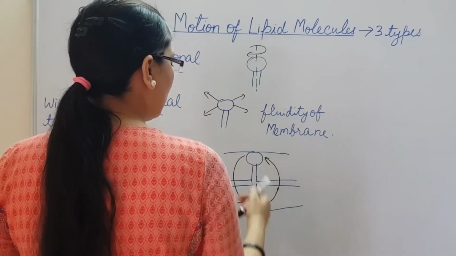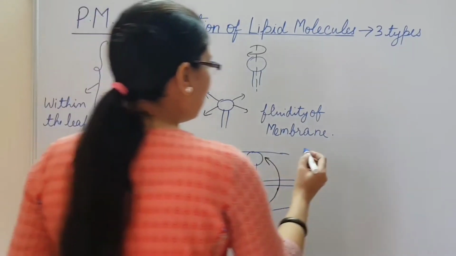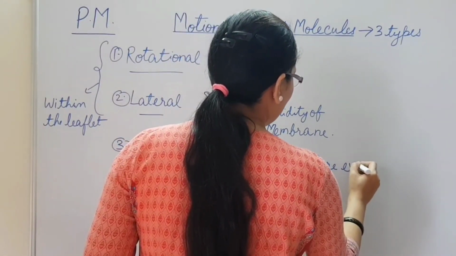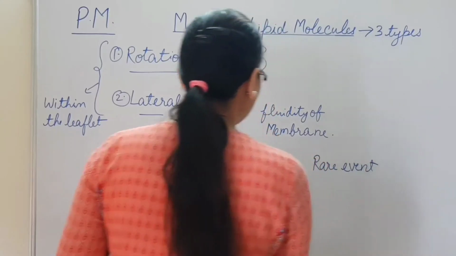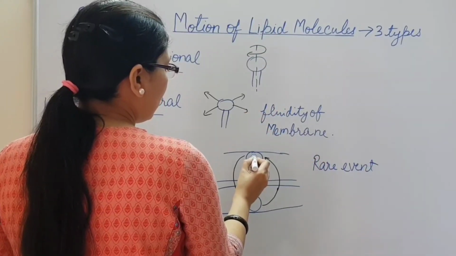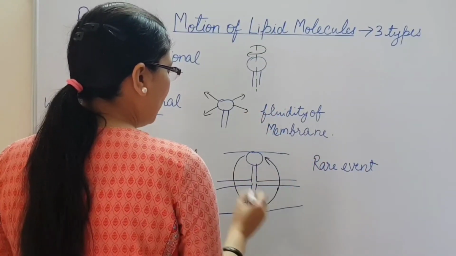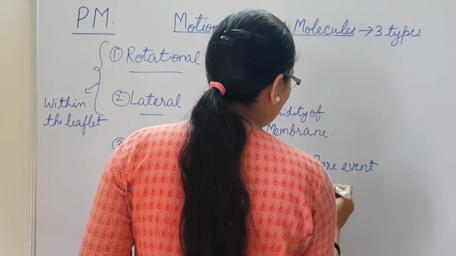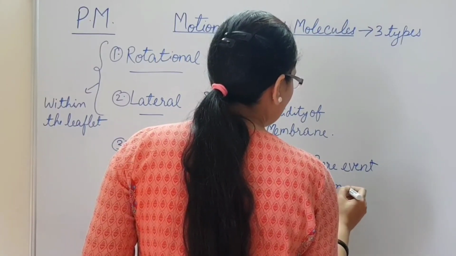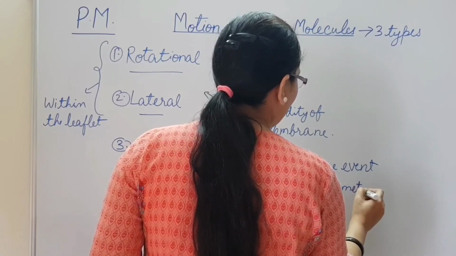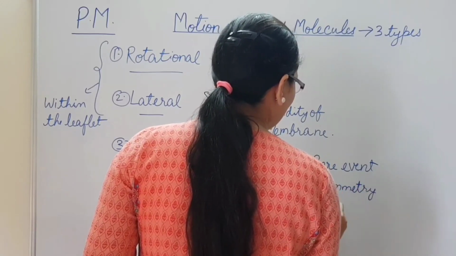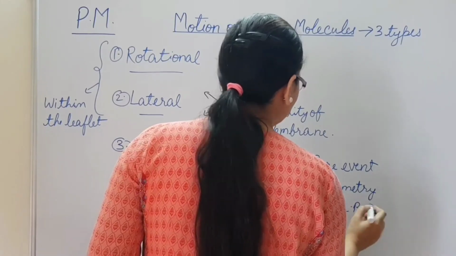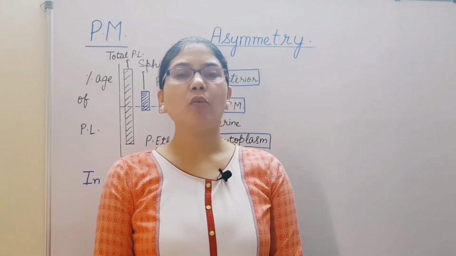So they are changing their position. This is a rare event, because here the polar head has to move through the hydrophobic interior. Because it is a rare event, it maintains the asymmetry of the phospholipid bilayer.